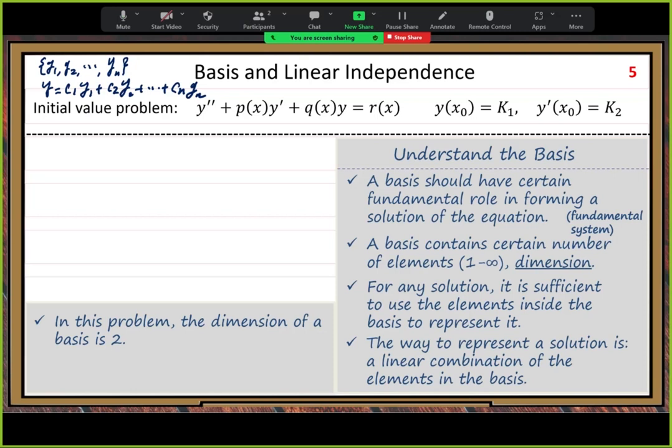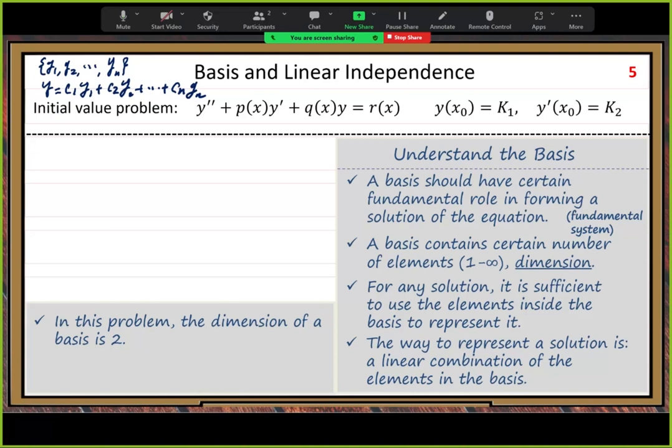First, for first order, we show the basis is 1. That means if you find a second one, we can show it must be a constant multiple of the first one. Suppose you find the second one, then you do subtraction. So first you show that for first order the dimension is 1, then you do order reduction. Later I will show you the order reduction technique.